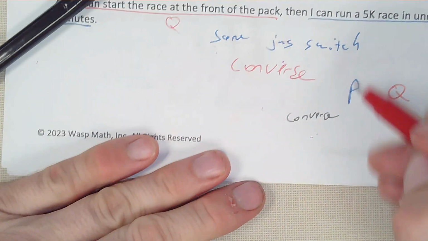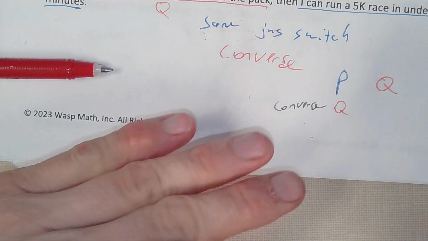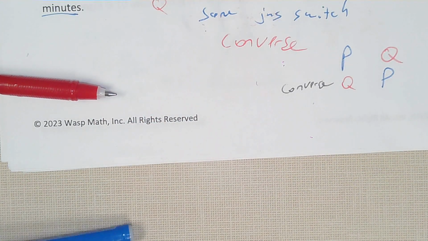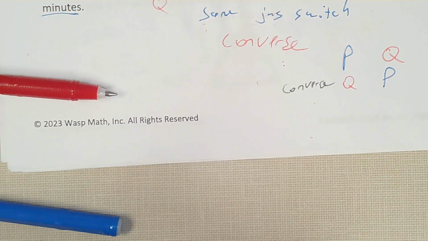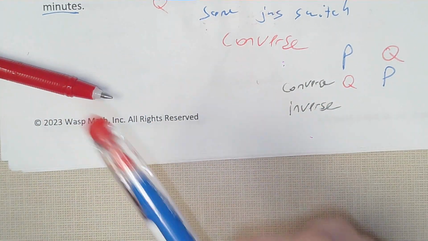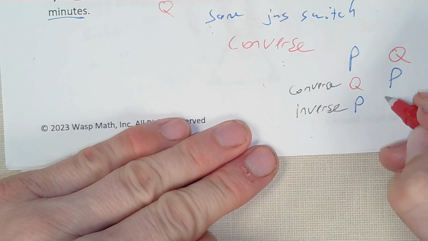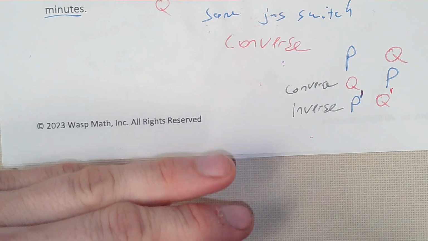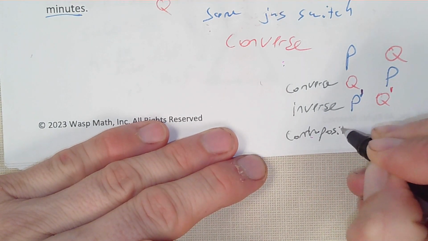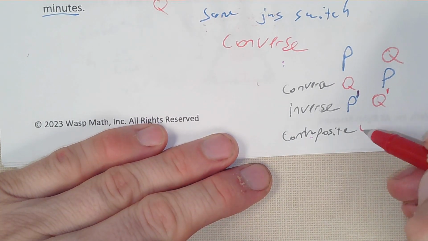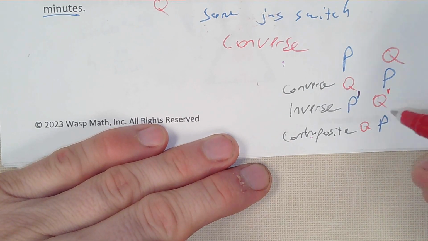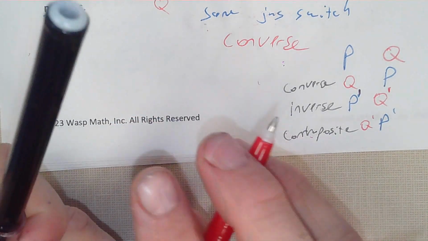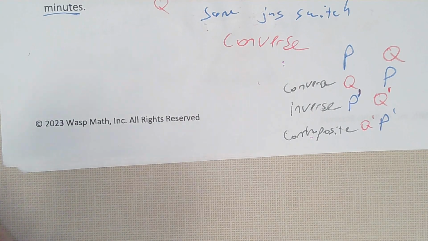The converse, they just swap the Q and the P. The inverse, the P and the Q are in the same spot, but they're nots. The contrapositive, the Q and the P are swapped, and they are nots. So that's how all the different relationships are.